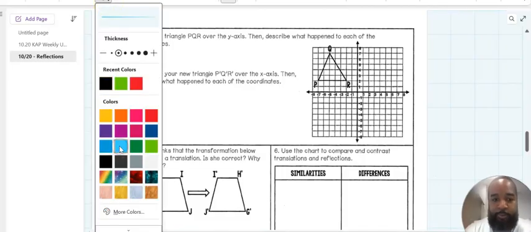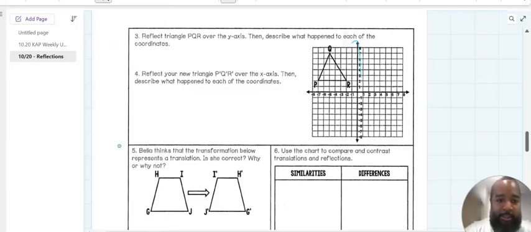Let's do blue over the y-axis, which means that my new image should be on this side over here. So R would be 2 away, so R is here. Okay, Q is 5 away, so we go up to 7 and go 5 away right there. There's Q. And P was 7 away, so we're going to go to 7 right there and put our dot.